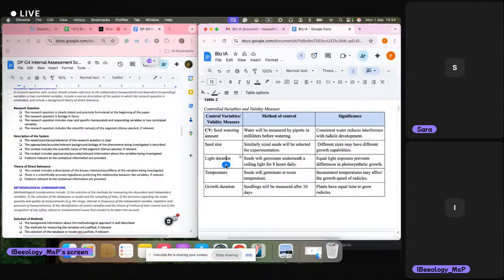Yes. So if you write this, I'm warning you, if I am an examiner, I'm going to give you less marks, because in root growth, you do not need sunlight, because roots are usually underground, especially corn.